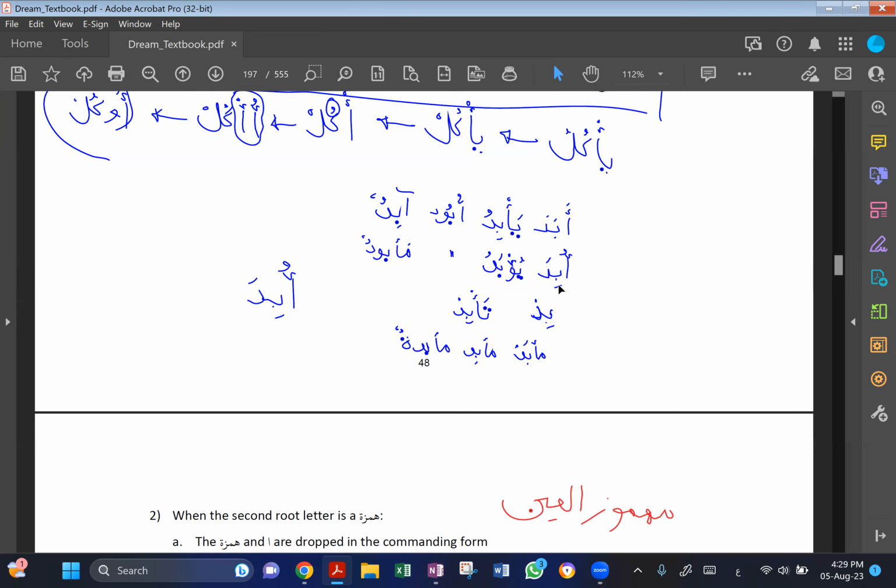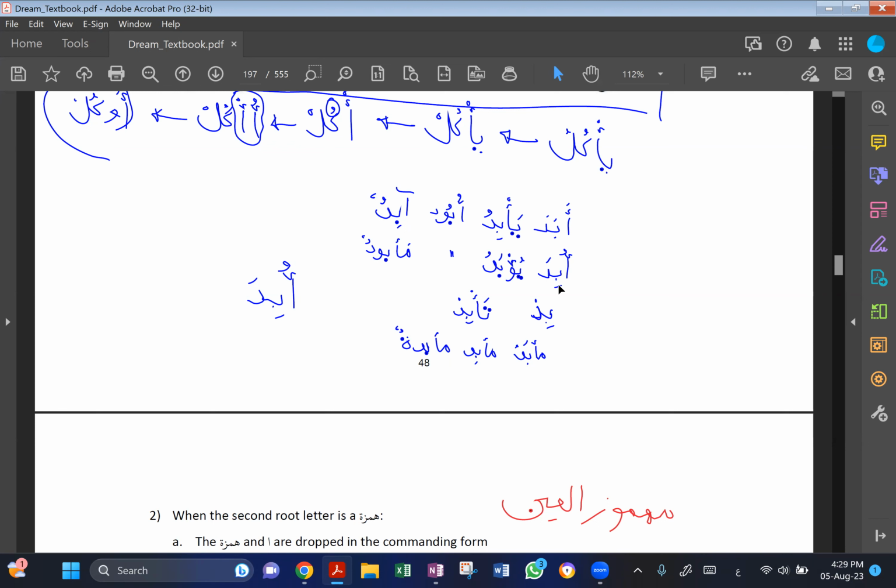Huwa ubida, huma ubida, hum ubidu, hiya ubidat, huma ubidata, hunna ubidna. Anta ubidta, antuma ubidtuma, antum ubidtum.